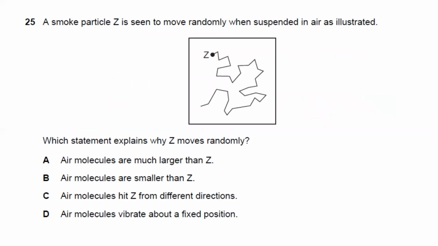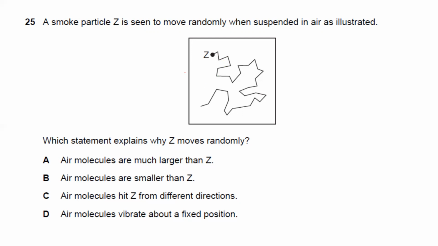Question number 25, it says a smoke particle Z is seen to move randomly when suspended in air as illustrated. Which statement explains why Z moves randomly? This is basically Brownian motion. If it's suspended in air, the air molecules are coming from random directions and hitting Z, and that is why the overall resultant force acting on Z is pretty random.